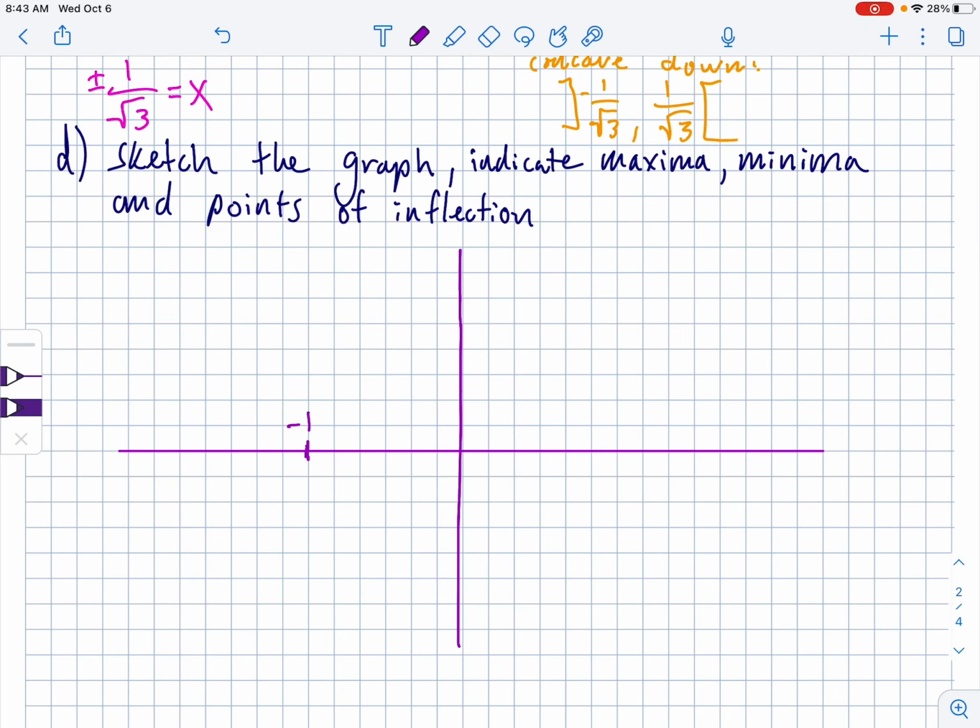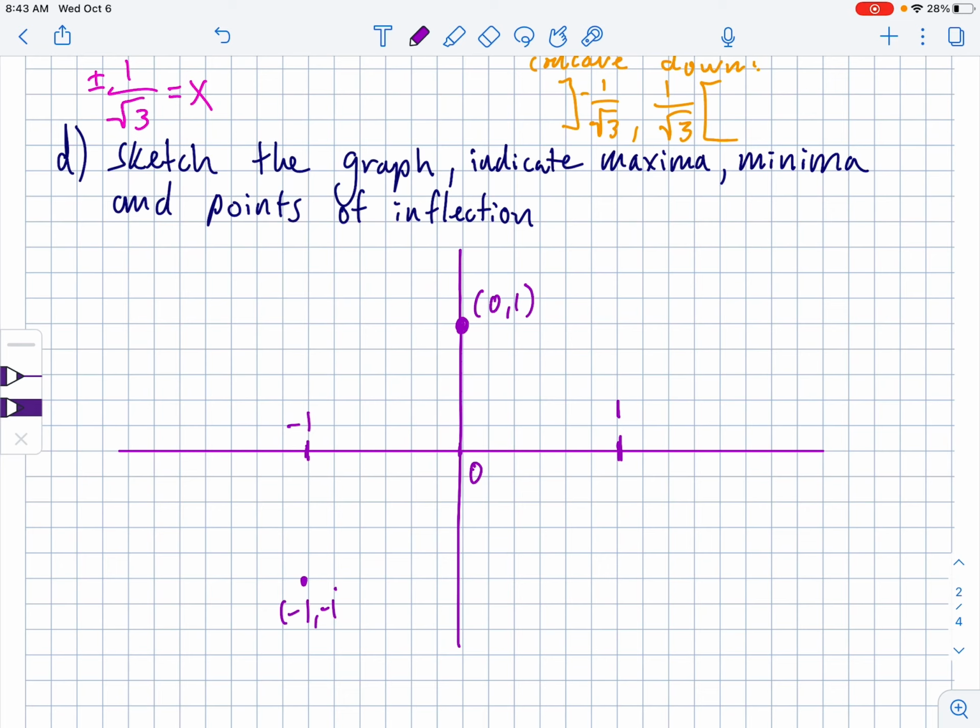Okay, we know at -1, there's a bottom of a valley, and at +1, there's also the bottom of a valley. We know at 0, there's also a top of a mountain. If you plug 0 into the OG function, this point turns out to be 0, 1.